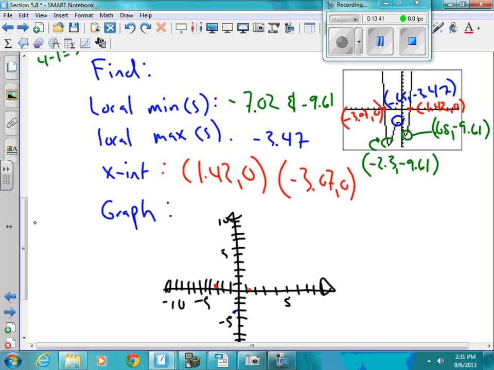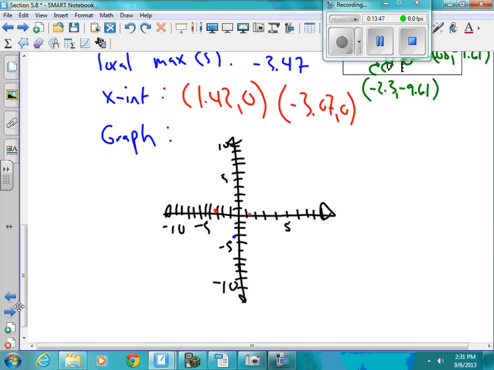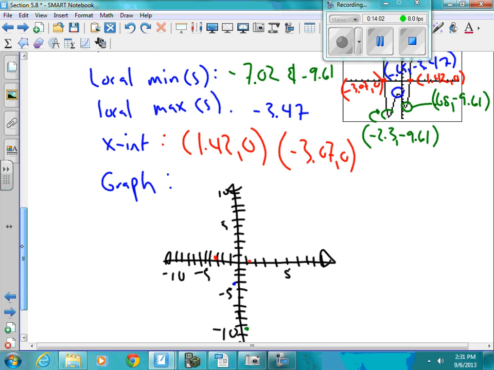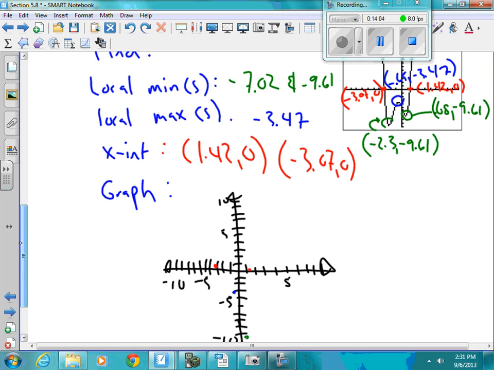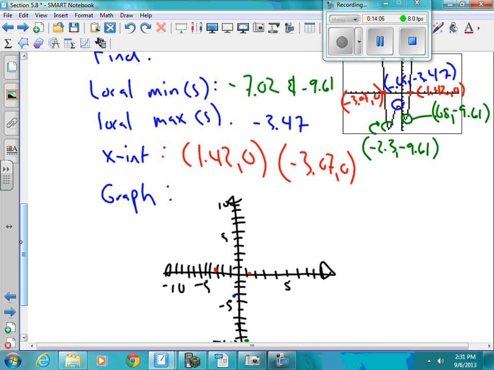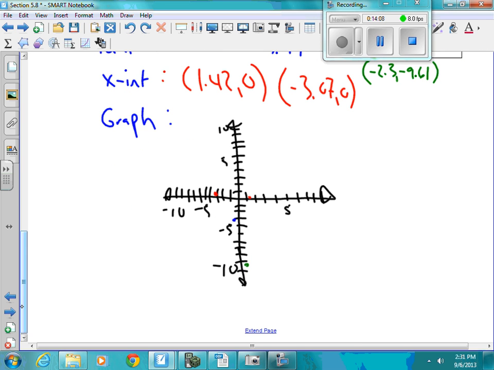And I found my local mins to be at 0.68, negative 9.61, and negative 2.3 and 9.61.